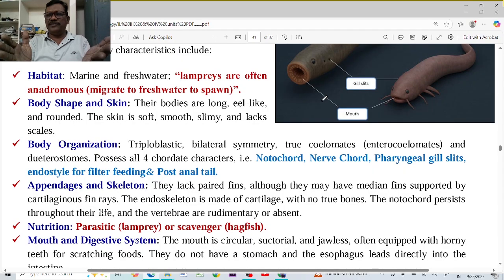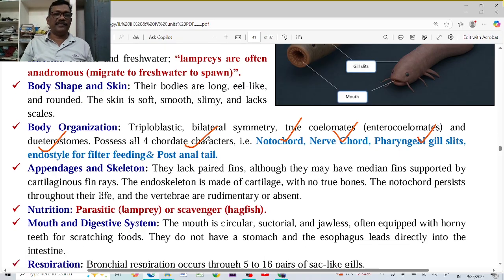These cyclostomes are actually chordates. They show the five important chordate characters: notochord, nerve cord, pharyngeal gill slits, endostyle for capturing food material, and post-anal tail.